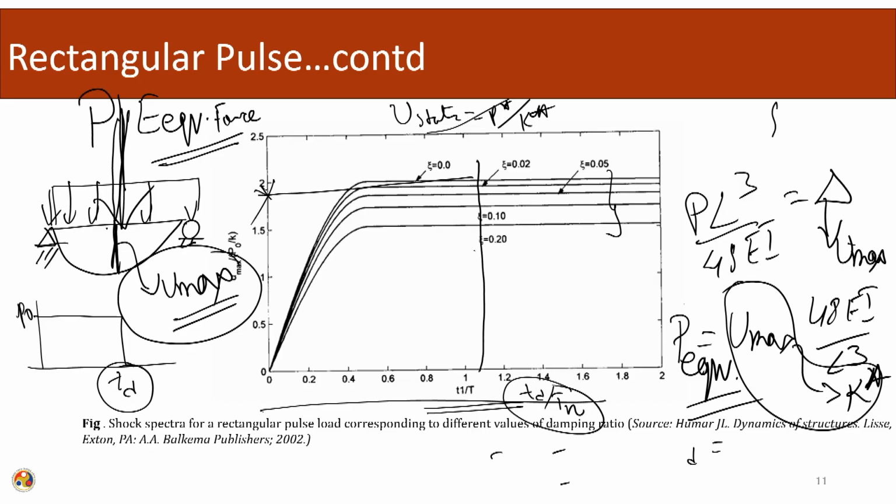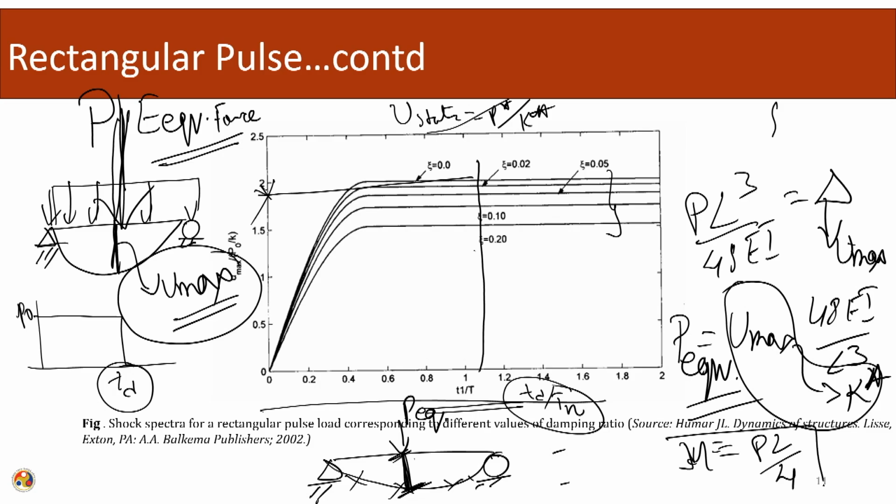If I have my P equivalent force, I can redraw this system with P equivalent, and from it I can calculate the stresses at any given section. I can calculate the maximum stresses at the center, because I know my bending moment will be PL over 4, and from this bending moment I can calculate my bending stresses.